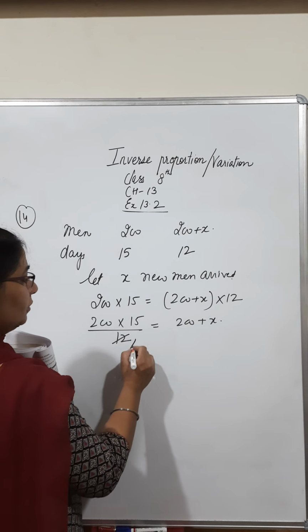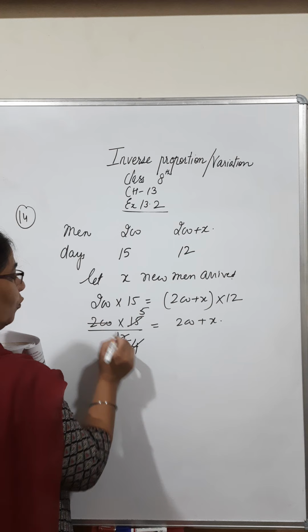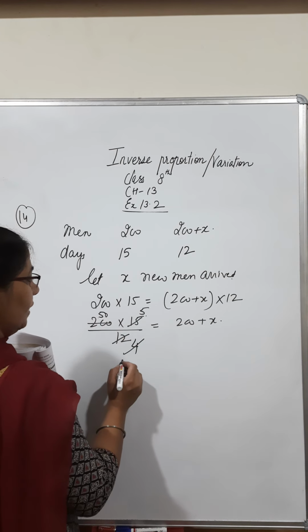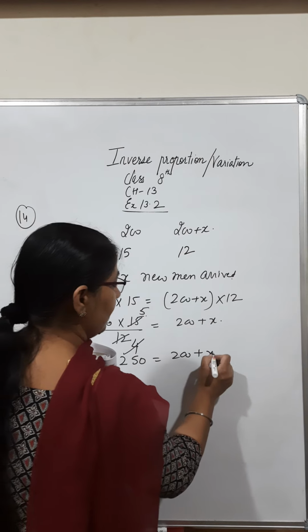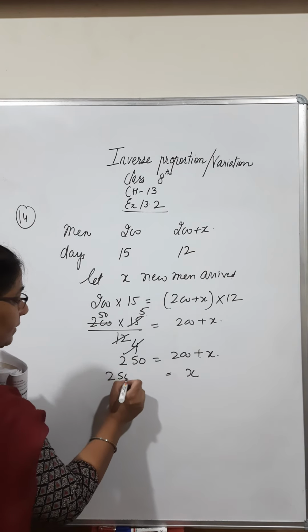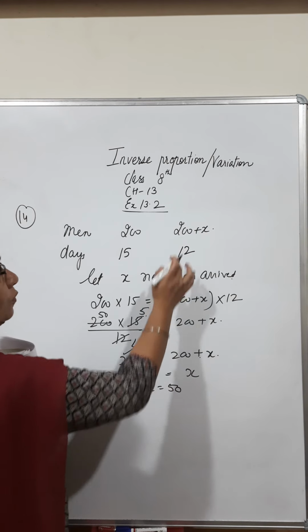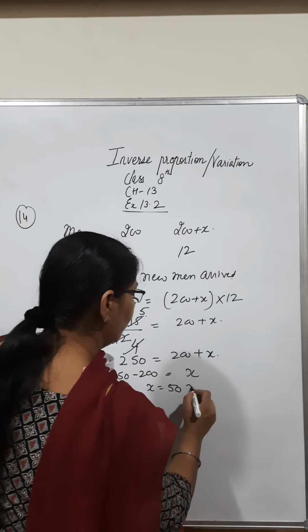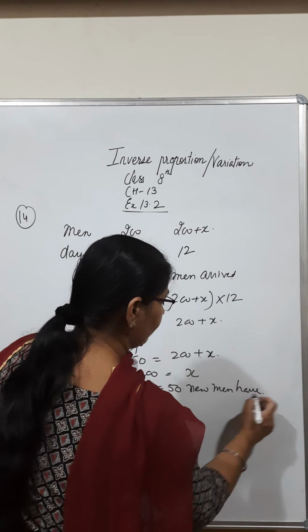On the table of 3, 3 4s are 12, 3 5s are 15, 4 5s are 20. 50 into 5 is 250 is equal to 200 plus x. So what is x equal to? This will come on this side and get subtracted. 250 minus 200, so x is equal to 50. So 50 new men have arrived.